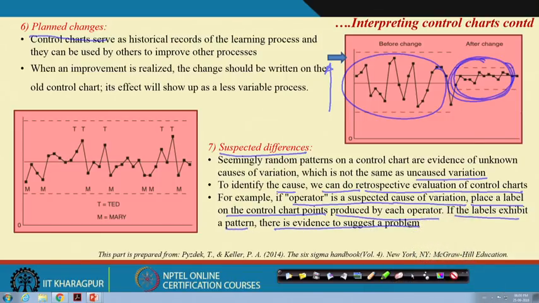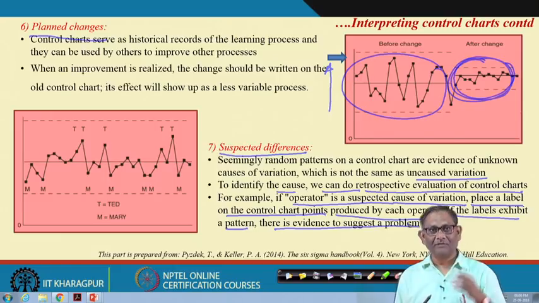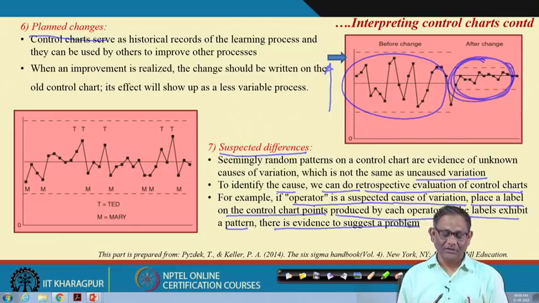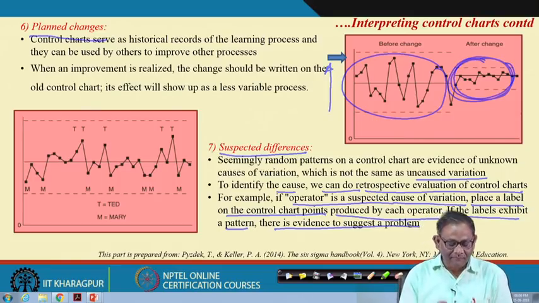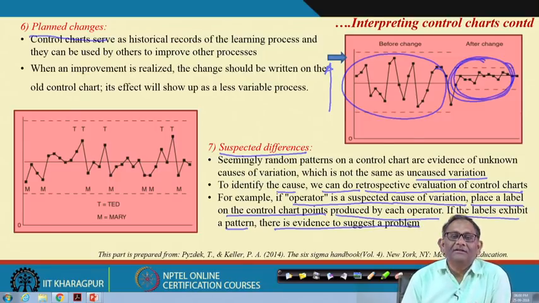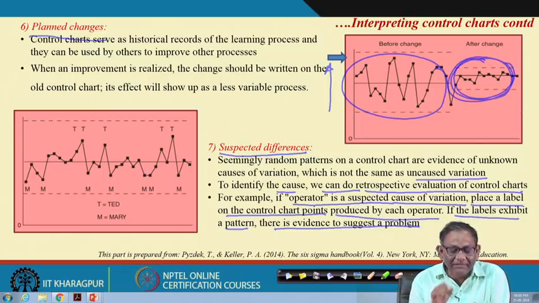That means you have many people working together. You know that there are some workers who are problematic. So, when they are operating the machine, at that time they are basically suspected operators or suspected workers, or suspected machine also, maybe not necessarily only operator, any suspected thing. So, just label them.